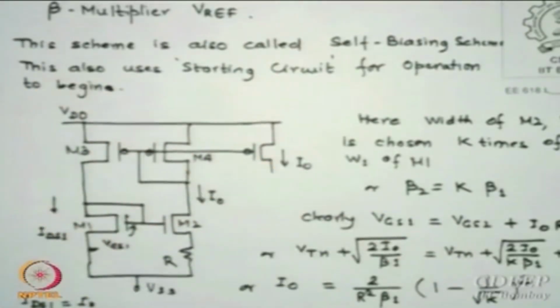What is the requirement of a good reference circuit? It should not change with temperature in specific. Of course, it should not change with VDD, but it should not change with temperature very much. Any good reference means the variation should be small. Thermal is the strongest of them, so people worry more about the thermal part, because the chip starts getting heated.